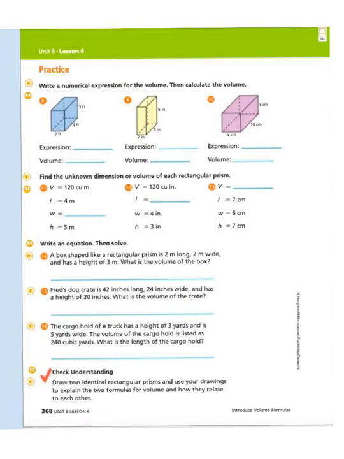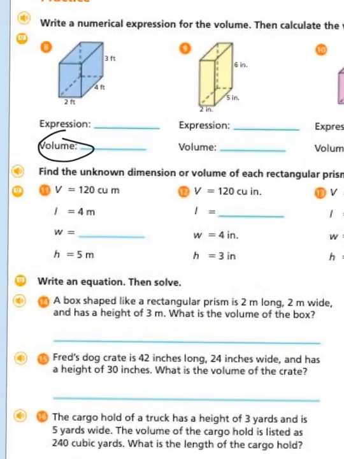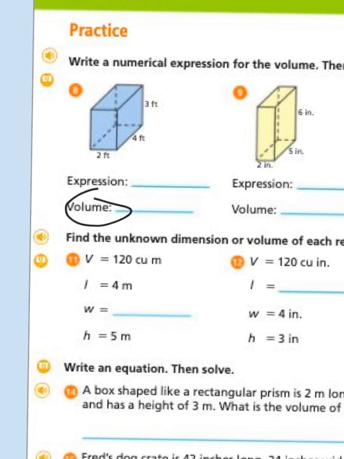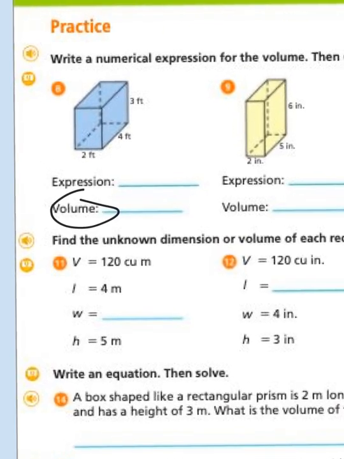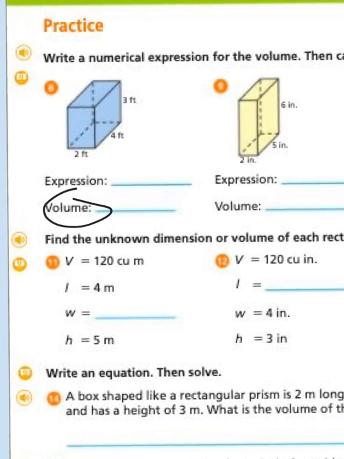All right, so we are on to some more practice with calculating volume. So they want you to write what is the math problem and then find the answer. And the answer goes where it says volume, right here. So let's take a look at this first problem together so that we can figure that out. So the expression we would use here is the length times the width.